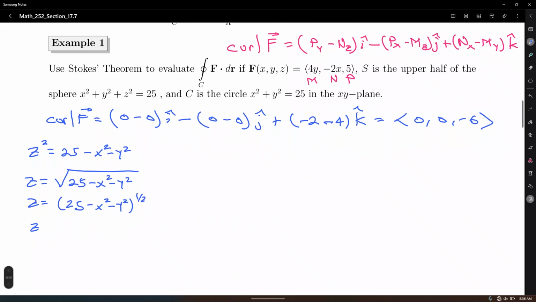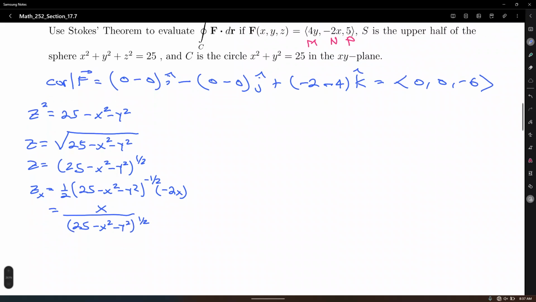Okay, let's find the partials. So partial with respect to x, that is 1/2 times 25 minus x squared minus y squared to the negative 1/2 times the derivative of the inside of the parentheses with respect to x, which is negative 2x. All right, divide out the 2's. That is going to give us x over 25 minus x squared minus y squared to the 1/2.